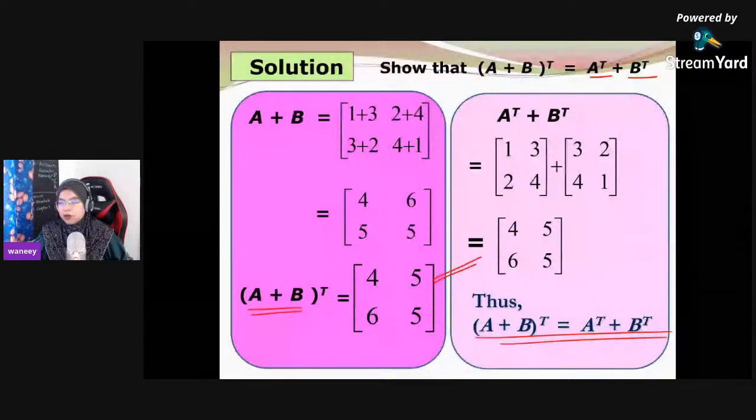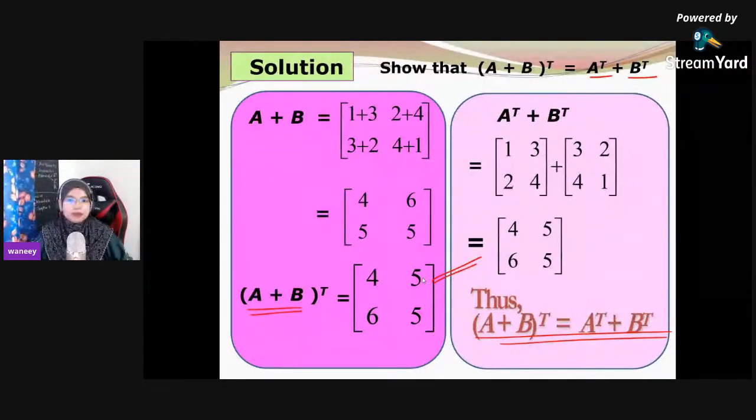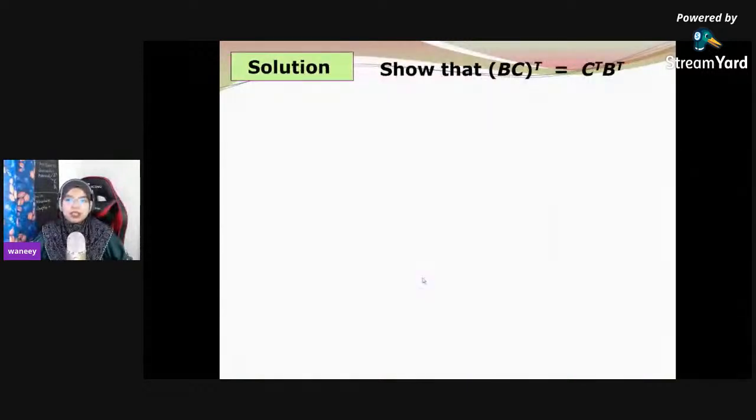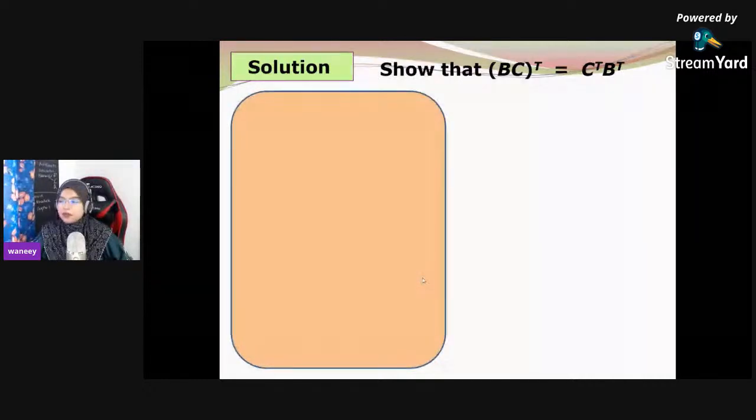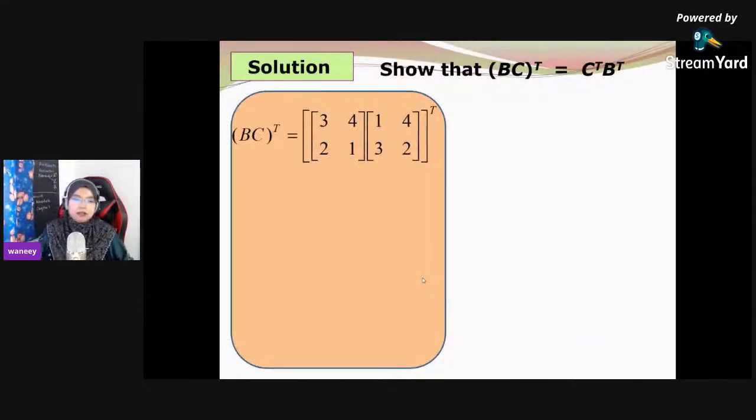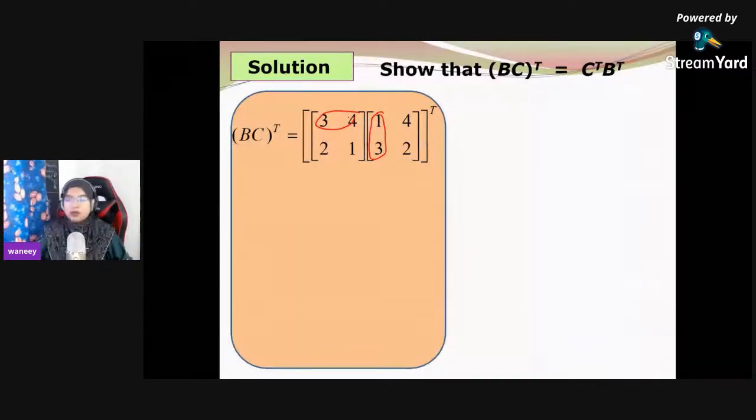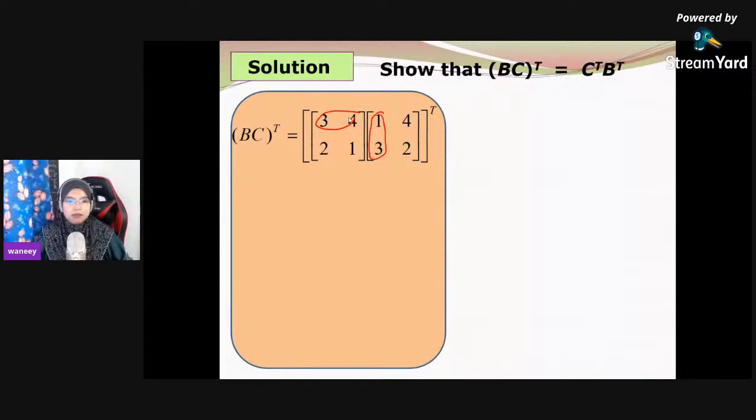Okay, so now for B. So (BC) transpose is equal to C transpose B transpose. Okay, so B times C first before you transpose them. So B times C, and again row times with column. So one by one, be very careful with the rows and the column.